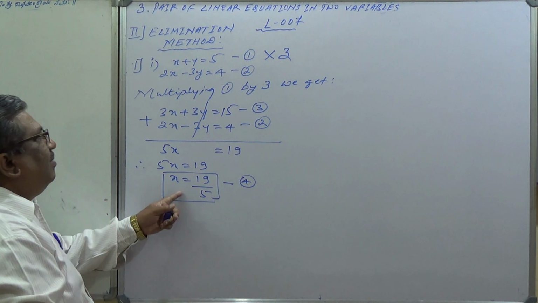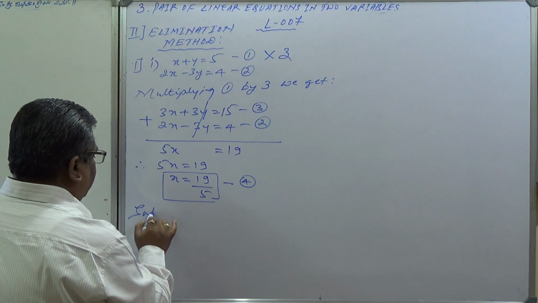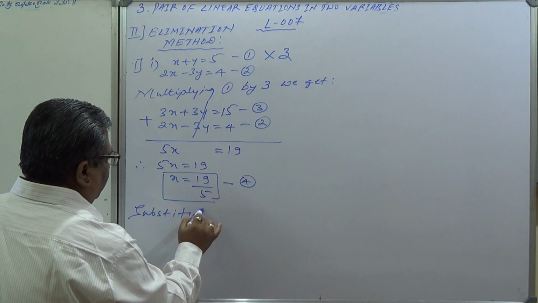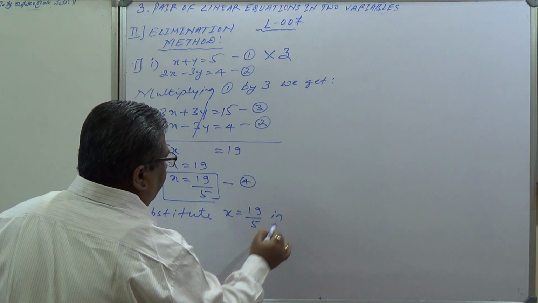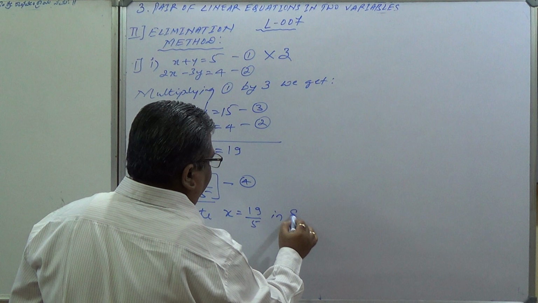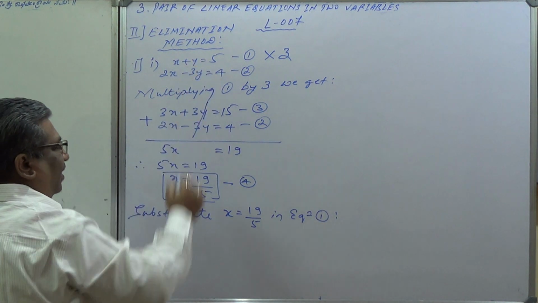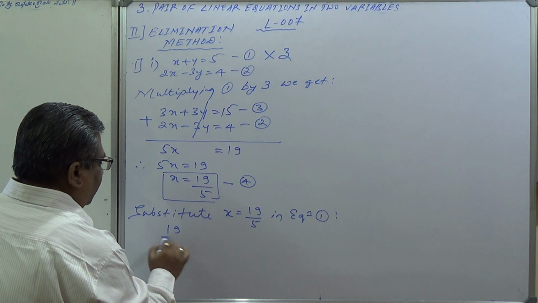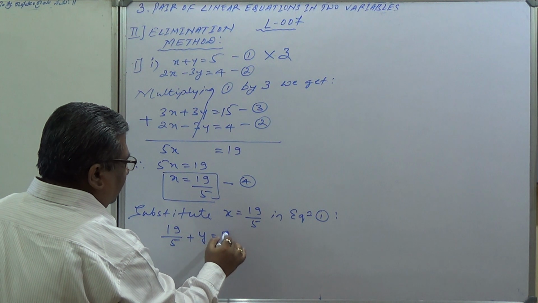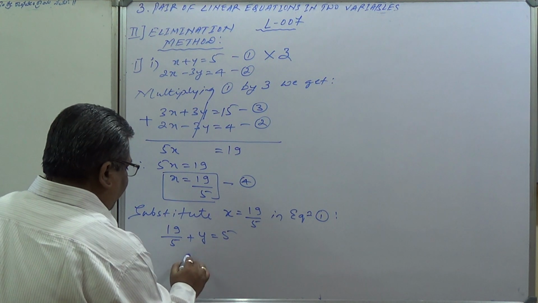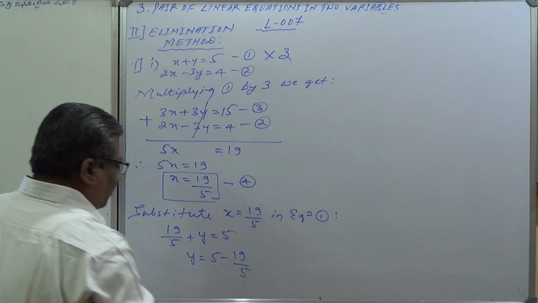Now substitute this value in equation 1 to get the value of y. Substitute x equals 19 by 5 in equation 1. What do we get? x plus y equals 5. 19 by 5 plus y equals 5. Therefore, y equals 5 minus 19 by 5.